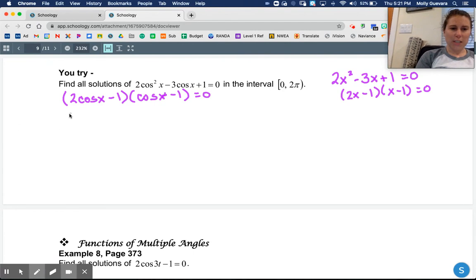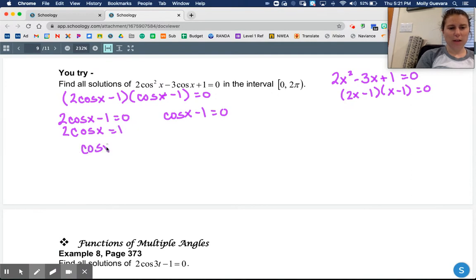I set them both equal to 0. So 2 cosine of x minus 1 equals 0, and cosine of x minus 1 equals 0. So 2 cosine of x equals 1. Here cosine of x is 1/2, and here cosine of x is 1.